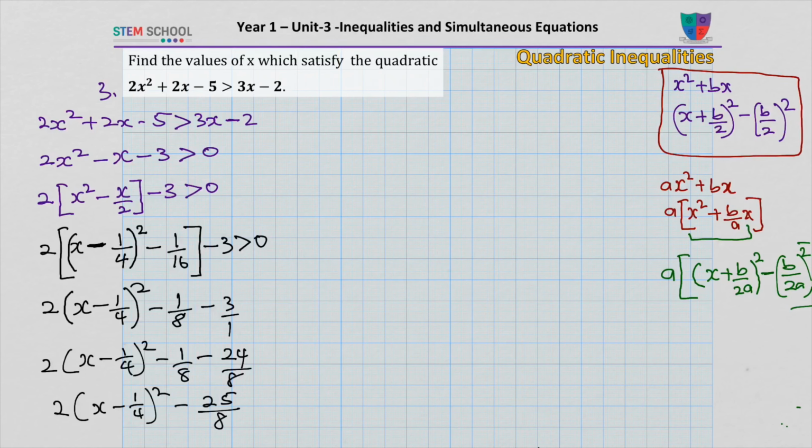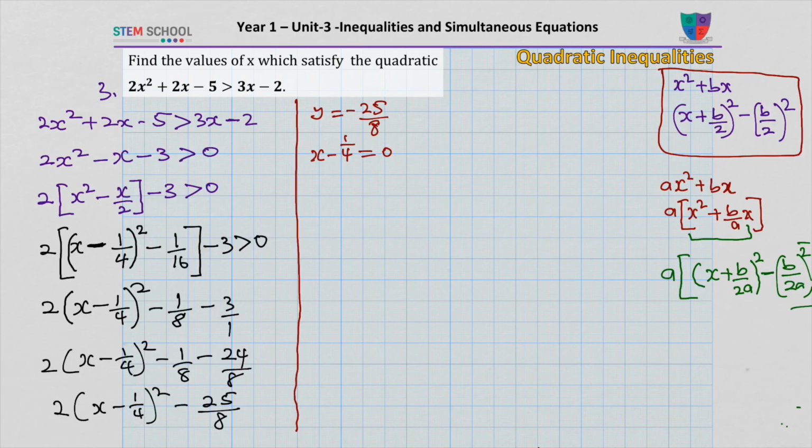And so that's the turning point in this case. So we got a good value there. At the turning point, y is minus 25 over 8. That's the y value at the turning point. The x value at the turning point would be x minus a quarter equal to 0.